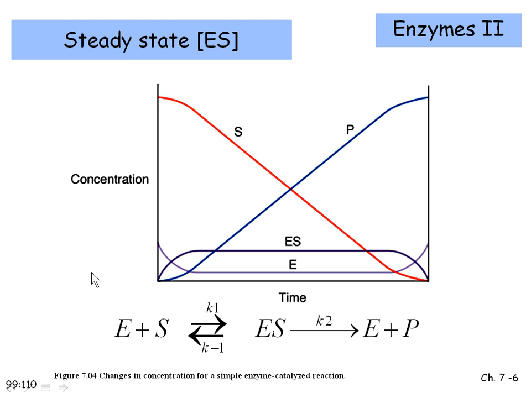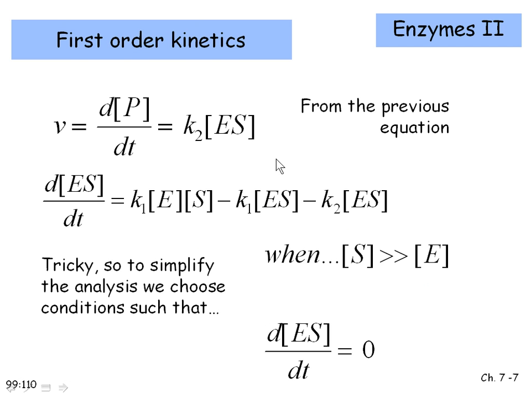And with those in mind as the options for the molecules and with these rate constants, we can think about this in a little more detail. So the rate of the reaction, we've seen this before, is the derivative. It's going to be proportional to the concentration of the product, times K2 times the ES.